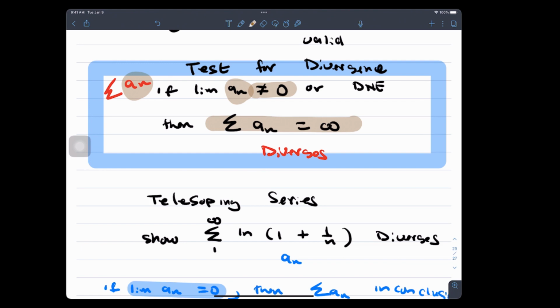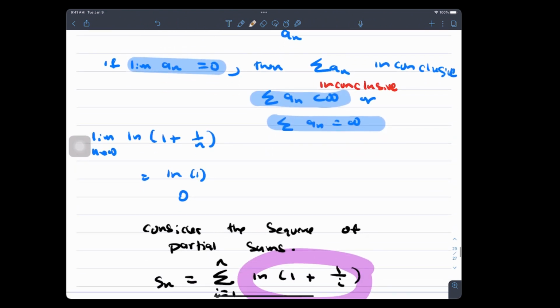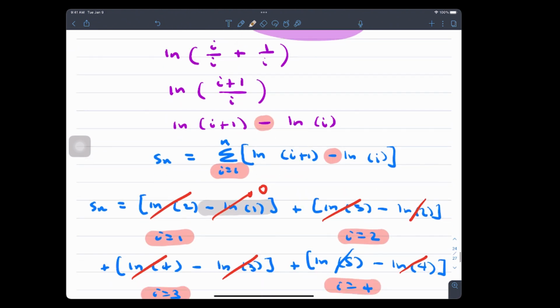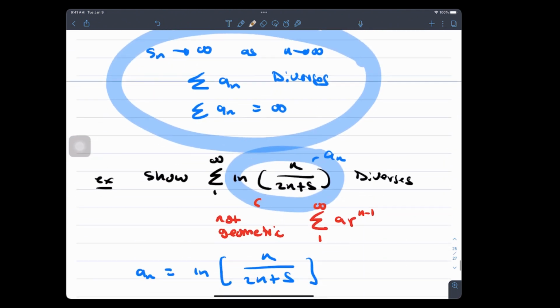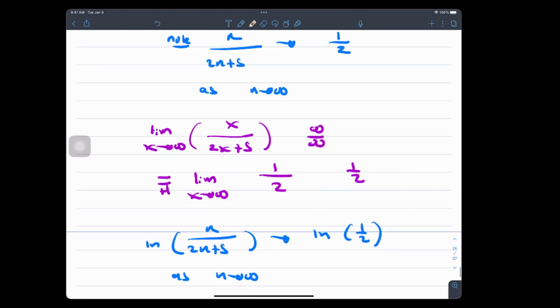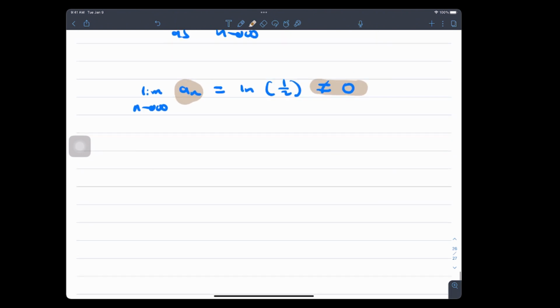Your series what? Diverges. Don't be so eager to jump to the limit of an equals 0 and think you have a conclusion. You don't. Limit of an equals 0 is inconclusive, but the limit of an not 0 is conclusive. That means your series diverges.